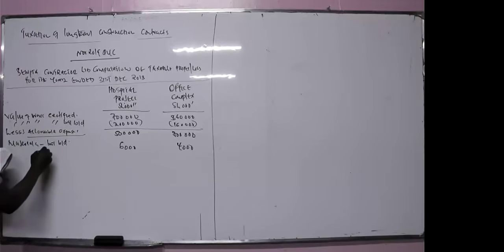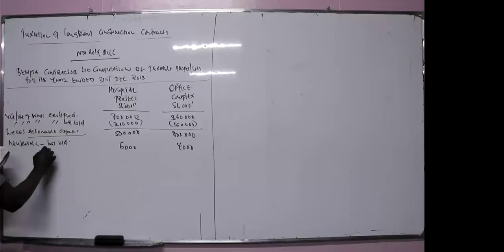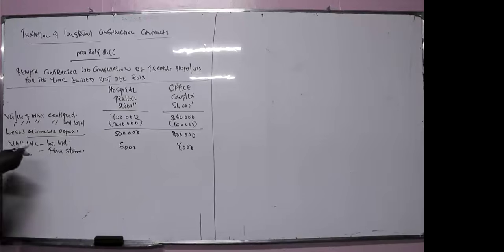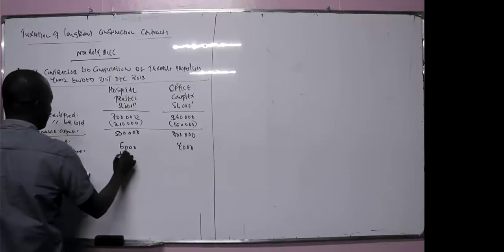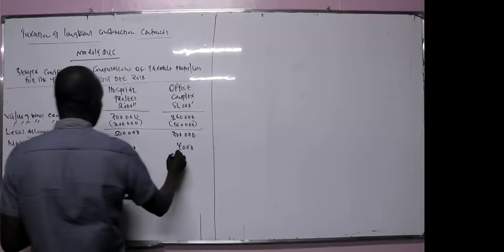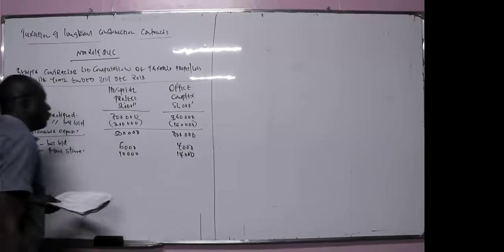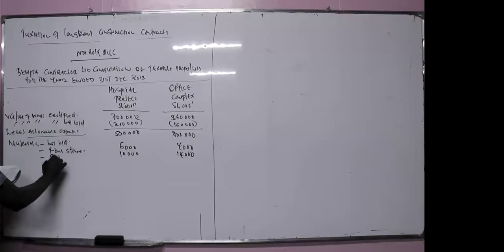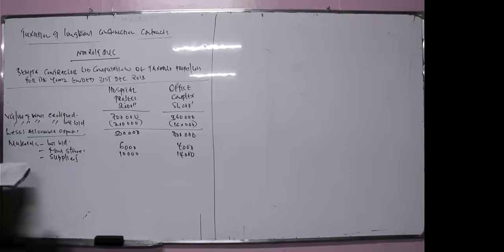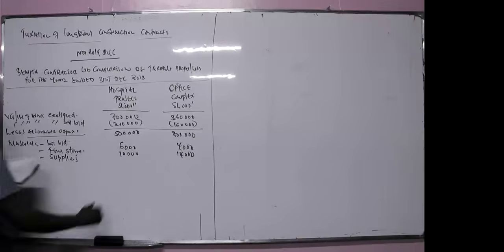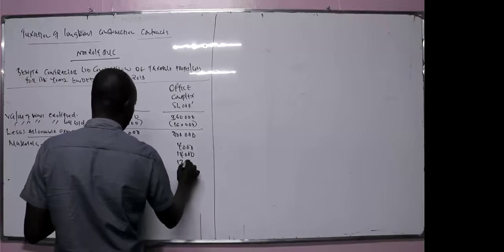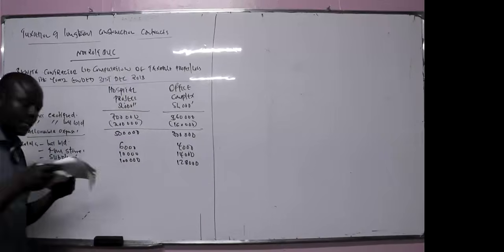So we have material from stores, 10,000 and 14,000, isn't it? And then from suppliers, 100,000 and 128. So that one we add, isn't it?